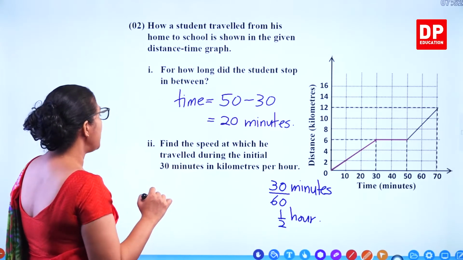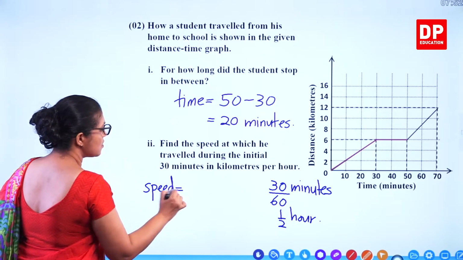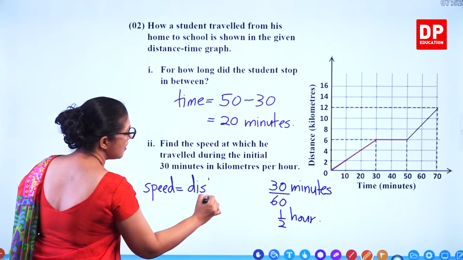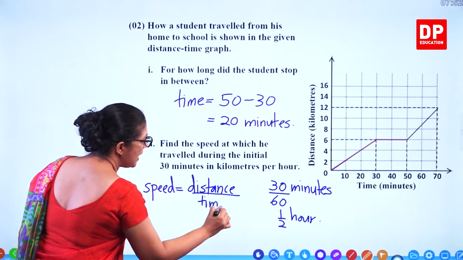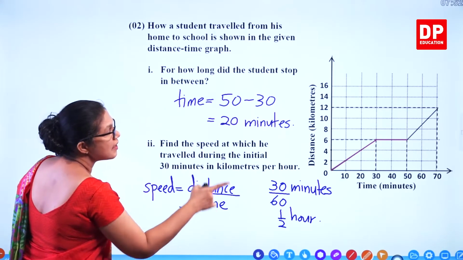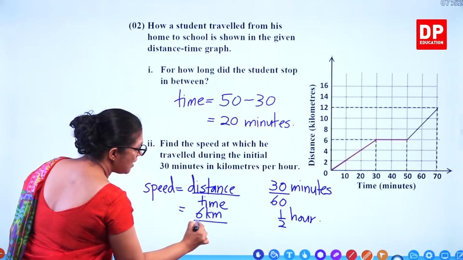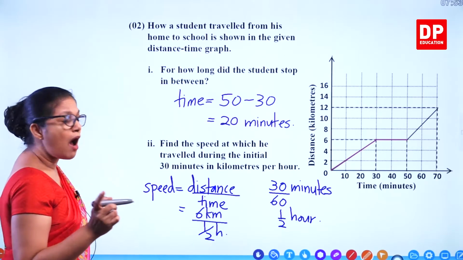So what's the speed? Speed becomes distance over time. So I'll write down distance over time is speed and 6 kilometers travelled within half an hour. 6 divided by half.